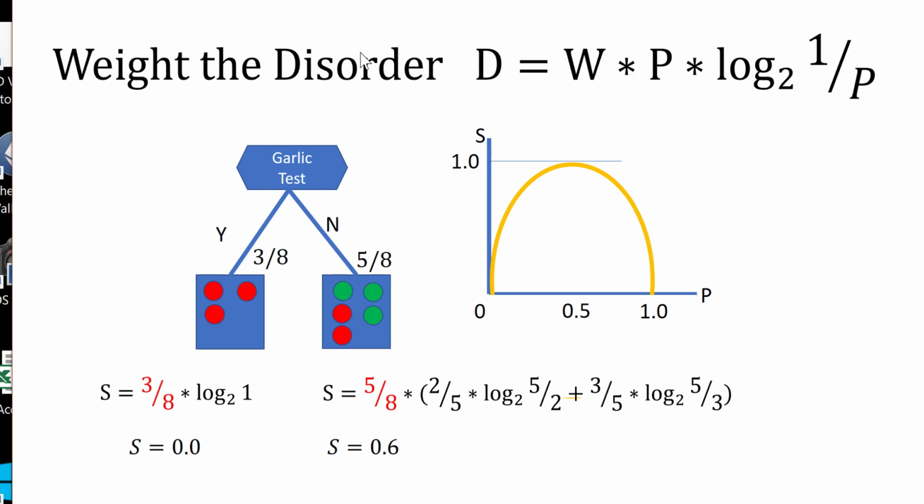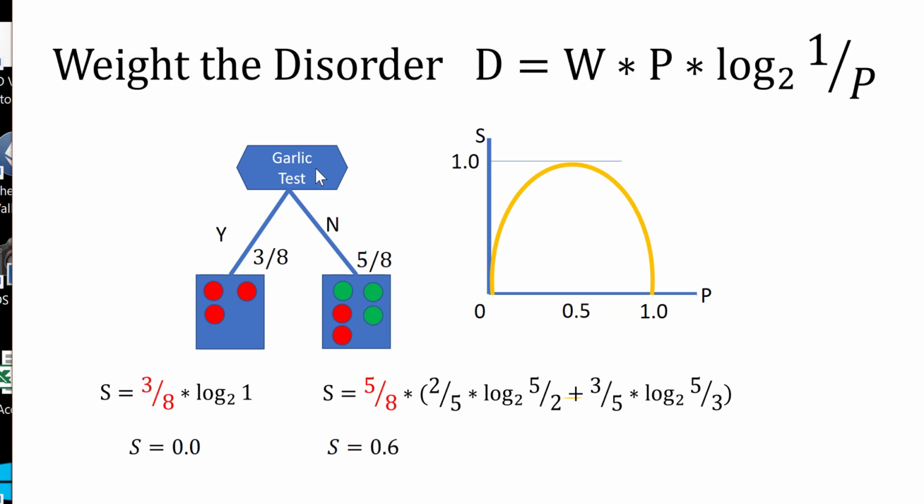What we're going to do is we're going to weight the amount of disorder, and the disorder we're going to have as the probability of finding either no vampire or vampire times the log of 1 over the probability. Often this is written because log 1 over p is the same as minus log p. You'll have this as the weight times minus p log p, but we'll just leave it like this for now.